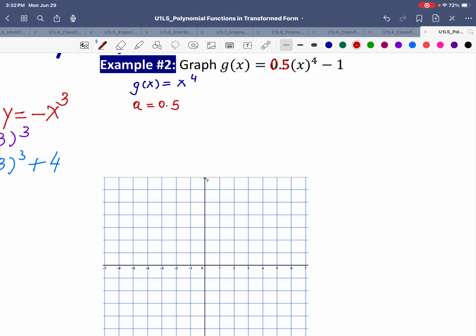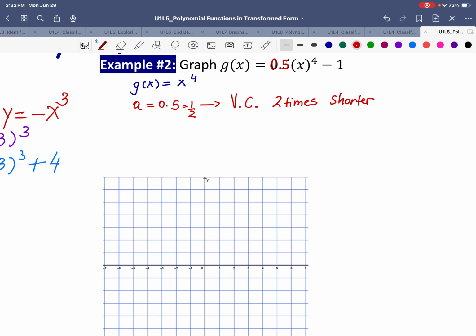So we're going to say that this will make the graph vertically compressed, and it will get 2 times shorter. And the way you would know it is if you wrote that decimal as a fraction. So you would say 1/2 or 2 times shorter.